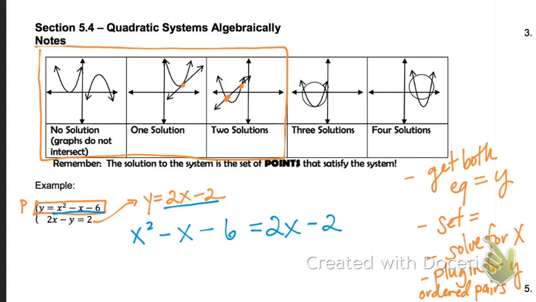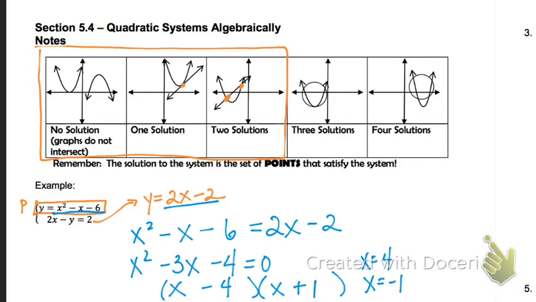All of these are most likely going to be factorable. So move everything to one side, and then try to factor it. When you move everything over, you get x squared minus 3x minus 4. That factors to be (x minus 4)(x plus 1). And solving that would mean that x equals 4 and x equals negative 1.